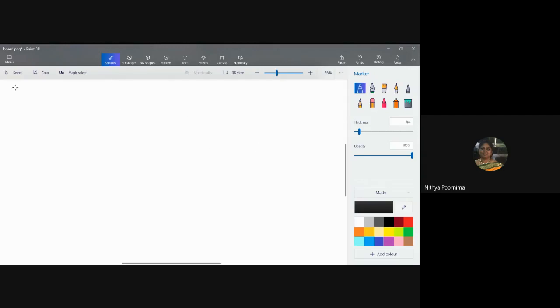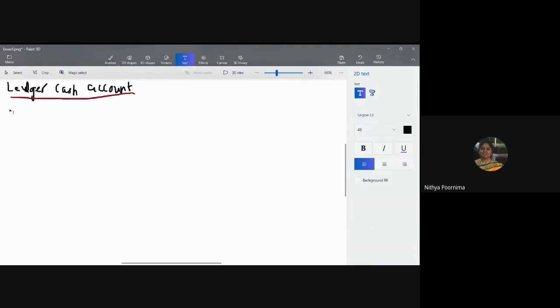So first I'm going to make a ledger account. Okay, the first category is the ledger cash account. Under this, I want to have debit.